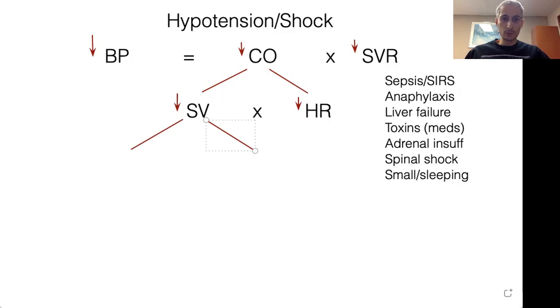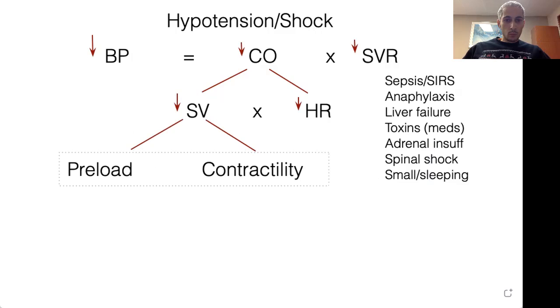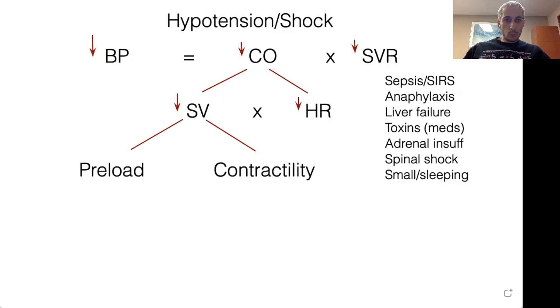So we'll talk about preload first, as that is actually maybe the most common cause of hypotension in the hospital. Here is another branch point that is not only helpful just in terms of pathophysiologic categories, but it's another place where an easy bedside technique can help you narrow the differential.